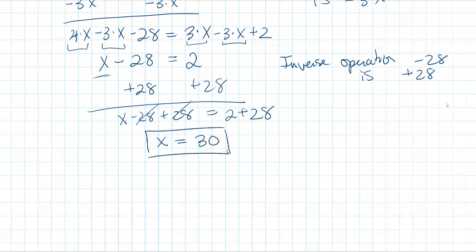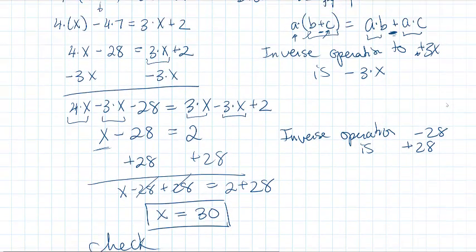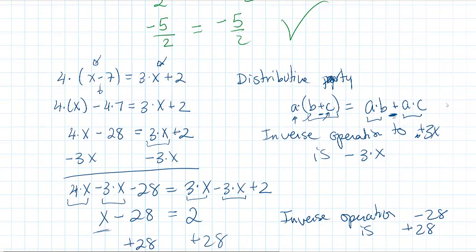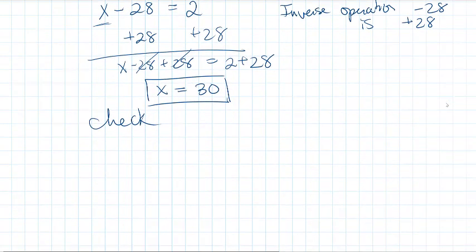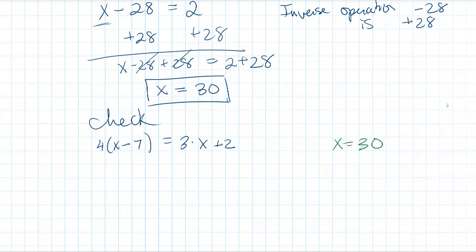And we can check again by substituting. What was our original equation here? It was 4 times x minus 7 equals 3x plus 2. Let's write that out. 4 times x minus 7 equals 3 times x plus 2. And we will substitute x equals 30.